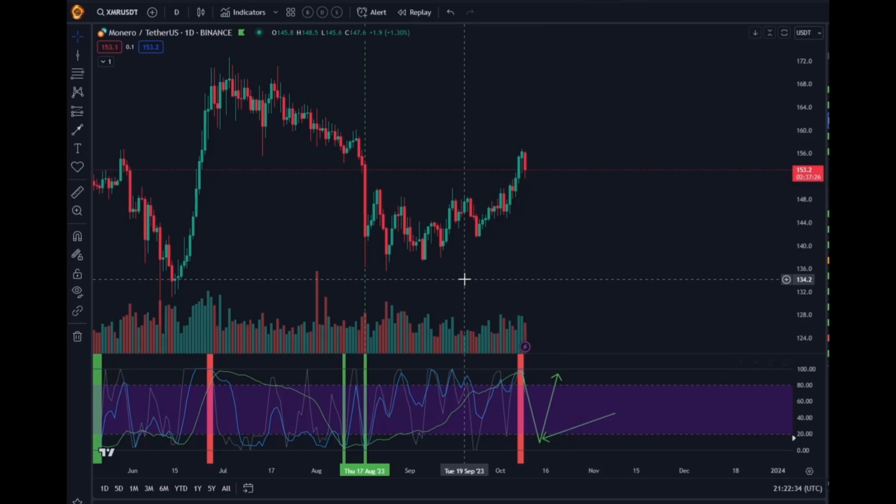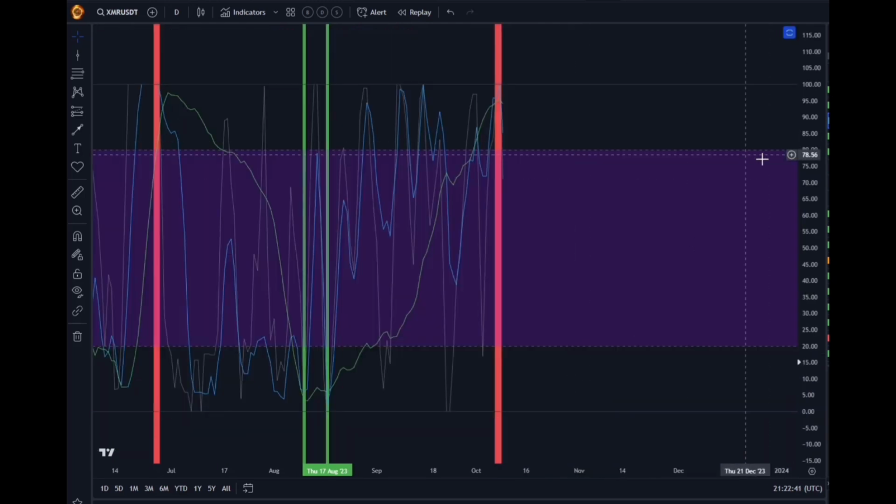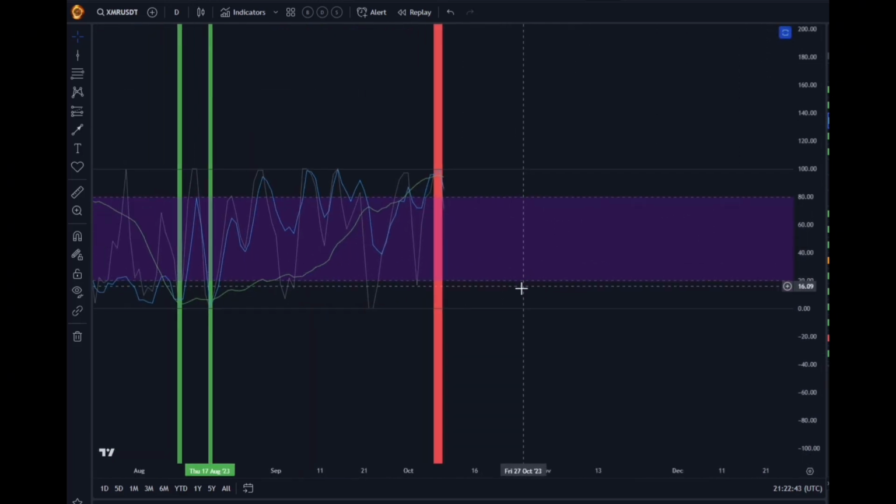And in order to catch that, I'm going to set an alert here, by targeting this oversold area, not at the very bottom and not at the very top, somewhere in between.